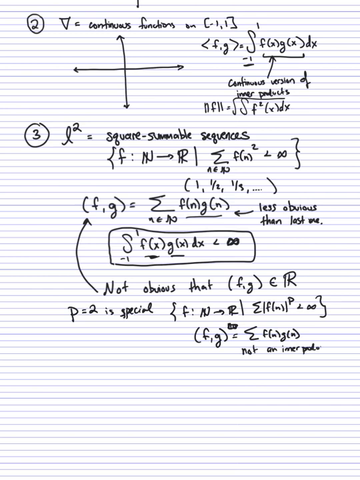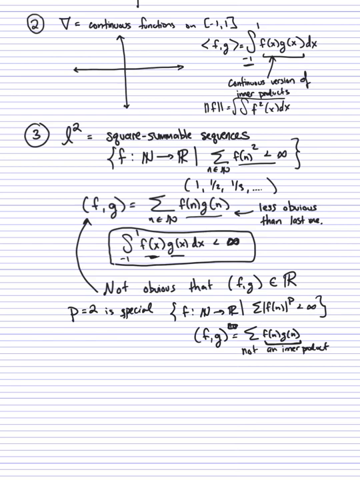The problem is precisely that if you plug in f and f, then you're squaring, and somehow that forces you to look at square summable sequences. If you take some sequence which is cube summable or something, this will just spit out infinity. There are things that you can do with these L^p spaces, but L2 is the nicest one. All right, so that's another example.